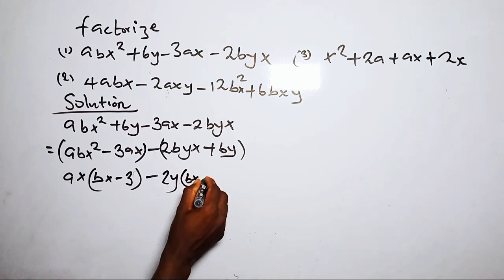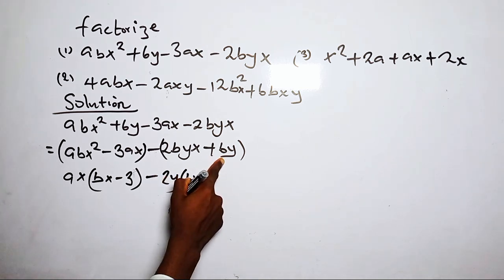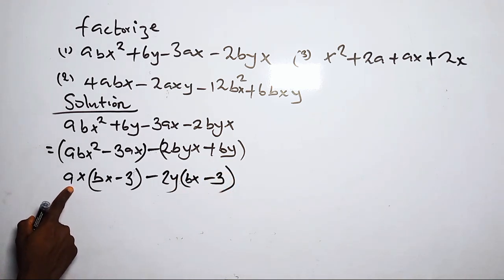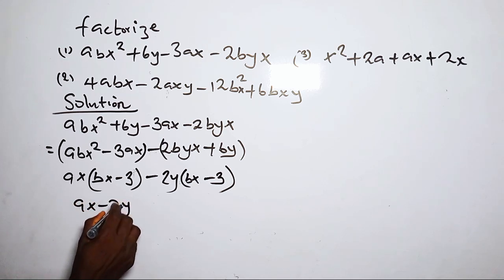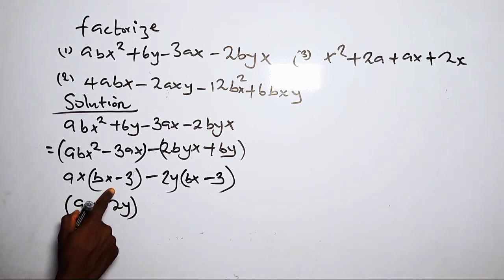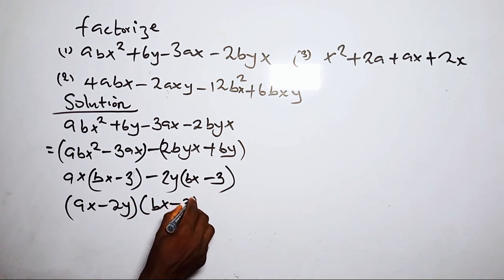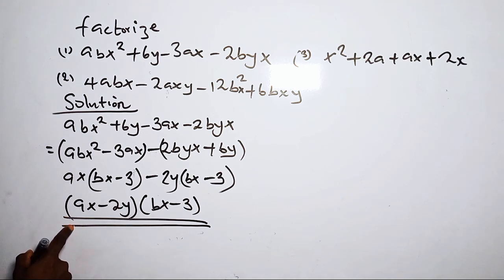Okay, so for minus times minus, we have plus. Okay, for 2y and 6y, we have 3. Okay, so for ax minus 2y, we can bring it together like this, in a separate bracket. So this and this will be equal to bx minus 3. Okay, so when we factorize this, we have this.